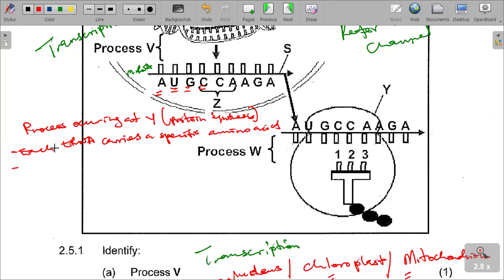When the anticodon which is found on the tRNA matches the codon on mRNA, what happens there? Then tRNA brings the required amino acid.